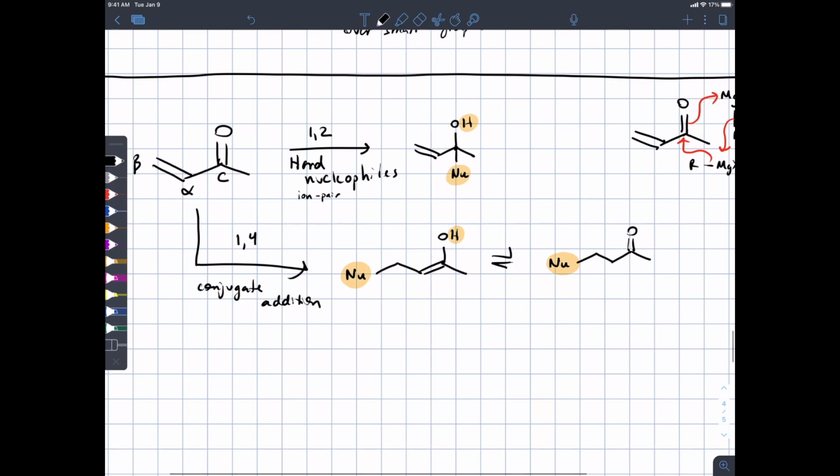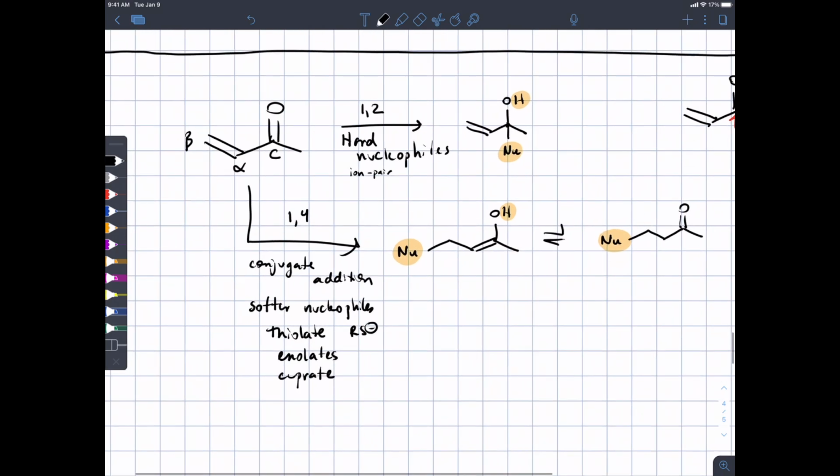In contrast, softer nucleophiles like thiolates, that's negatively charged sulfurs, enolates, and cuprates that have more diffuse charge on the nucleophile, they prefer to attack the beta carbon because the LUMO has a higher coefficient at that carbon.